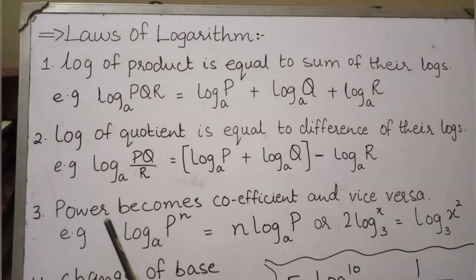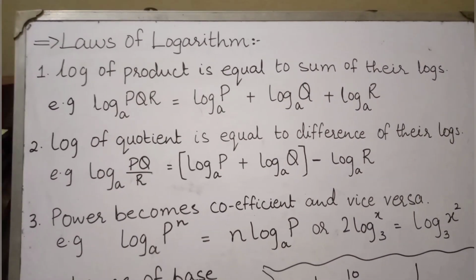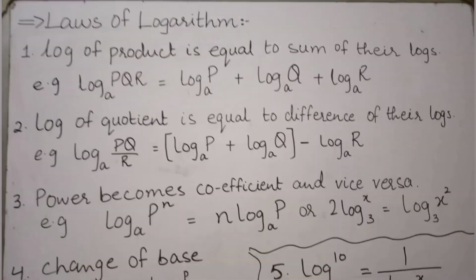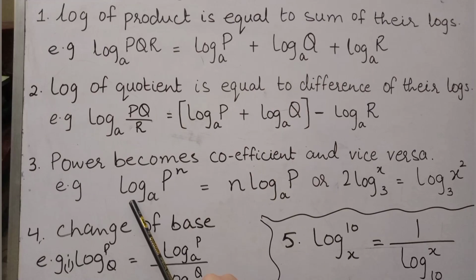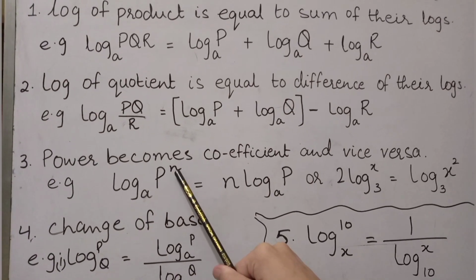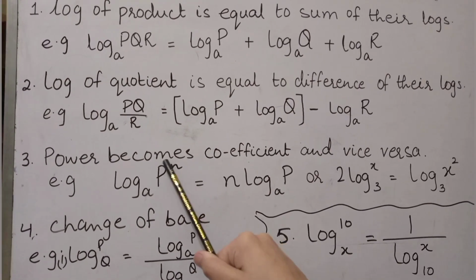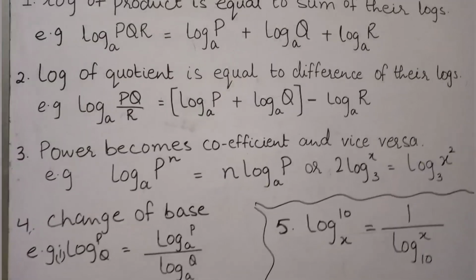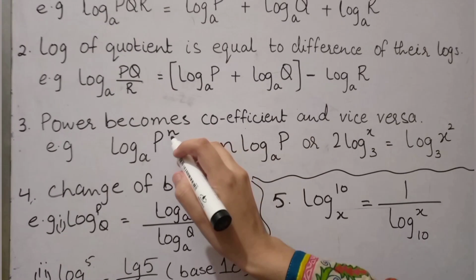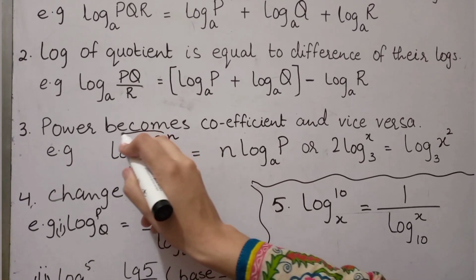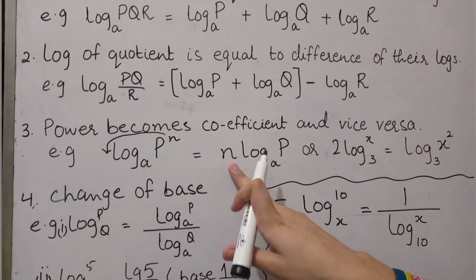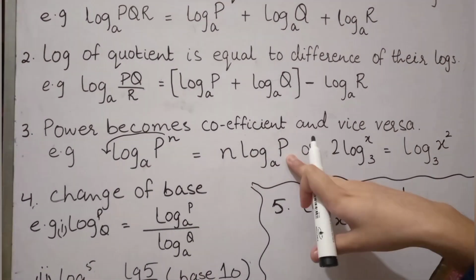Third law, power becomes coefficient and coefficient becomes power. In this case, this is the power, it becomes the coefficient. Power becomes coefficient, it comes here, equal to n log base a p.